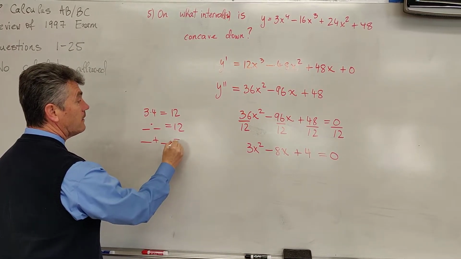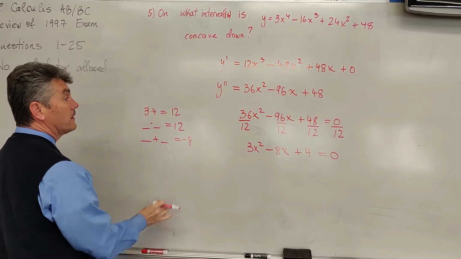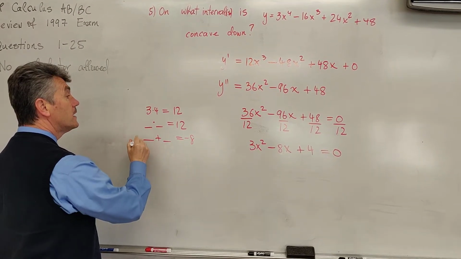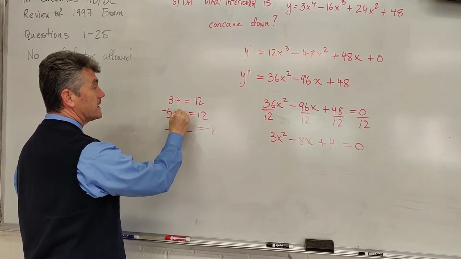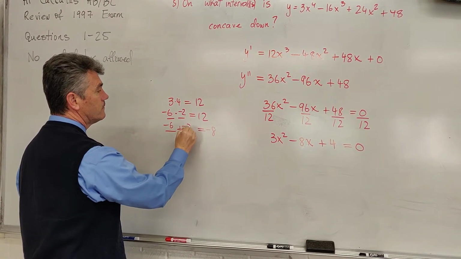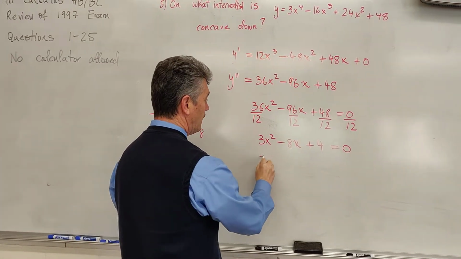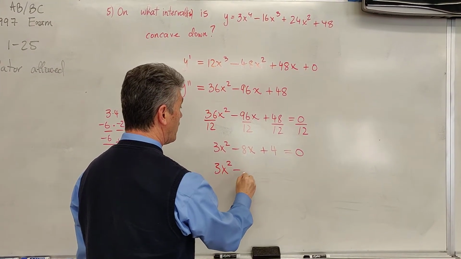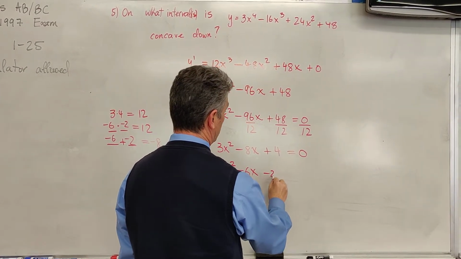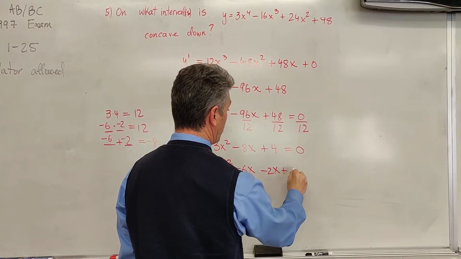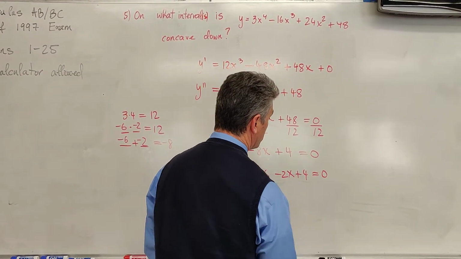They are negative 6 and negative 2. So we have 3x squared minus 6x minus 2x plus 4 is equal to 0.